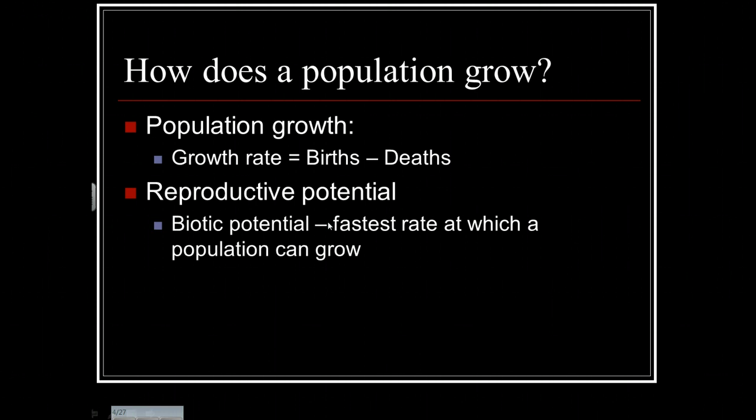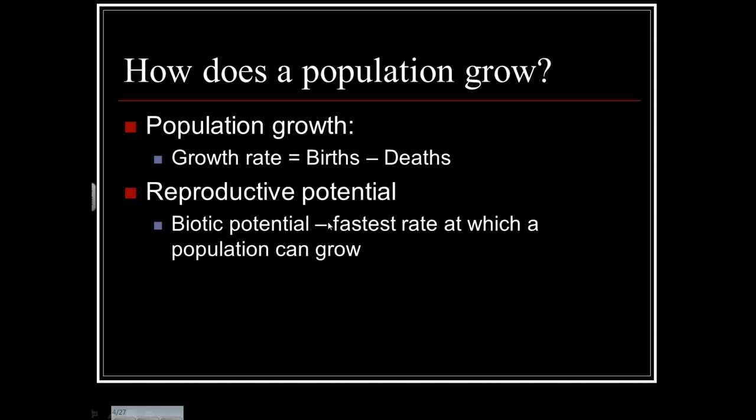If you have a cat, a litter can consist of several kittens. But an elephant's not going to have a litter of 6, 7, 8 elephants. So the reproductive potential is what exactly the particular species you're considering can do.